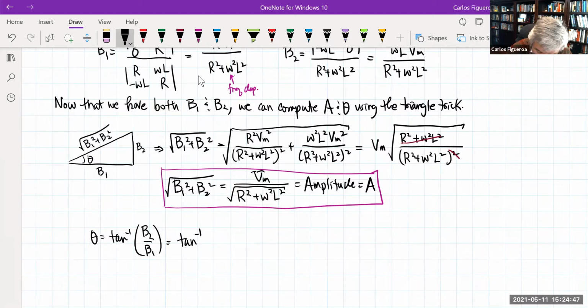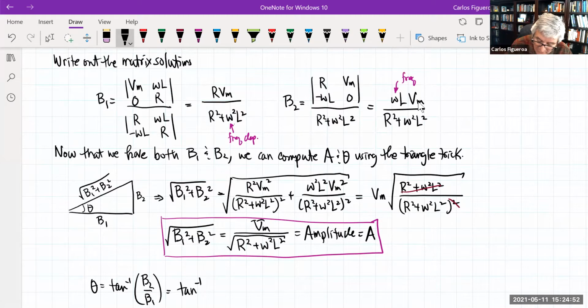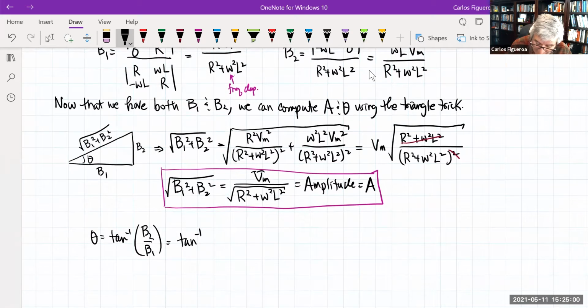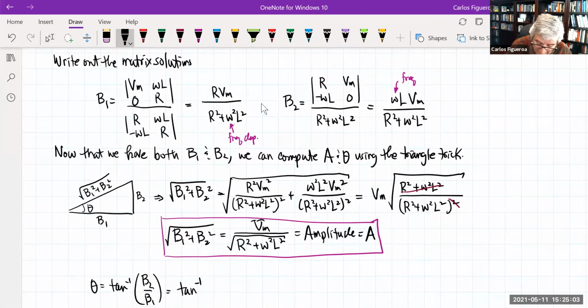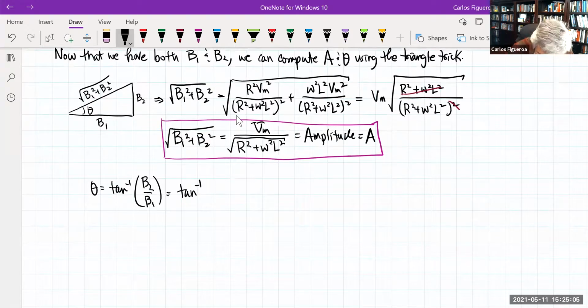And so you're seeing here that the denominators and the Vm's are going to cancel. So the only thing I really have left is R and omega L. And so the ratio here is going to say that it's B2, so it's got to be omega L divided by R. So then I have omega L divided by R.